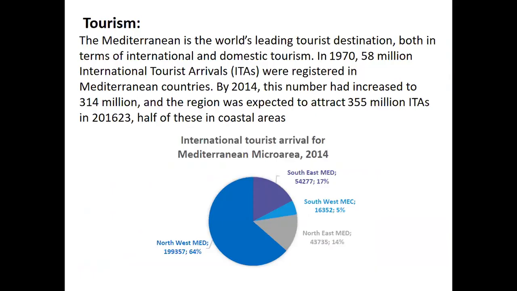Coming to the last sector, tourism. The Mediterranean is the world's leading tourist destination, both in international and domestic tourism. From the economic point of view, the number had increased to 314 million, and the region was expected to attract 355 million in 2016.